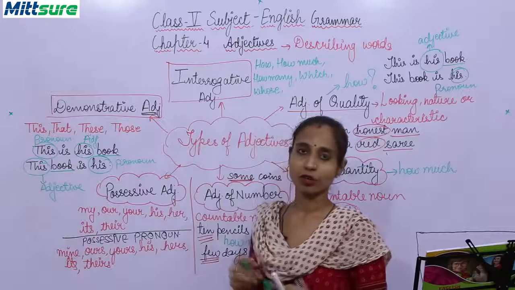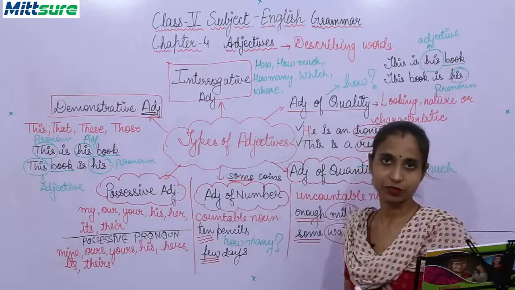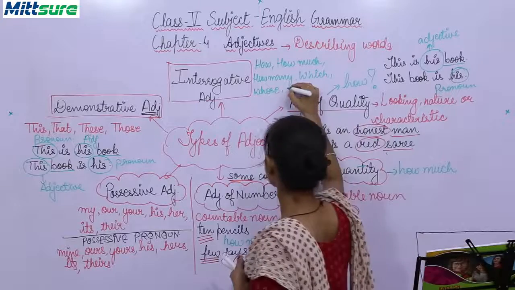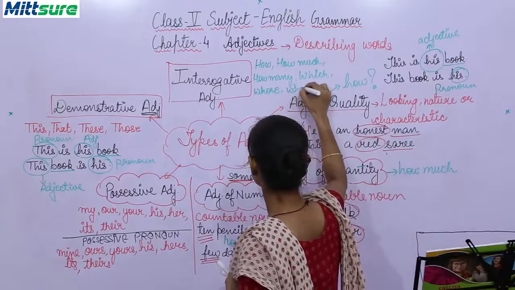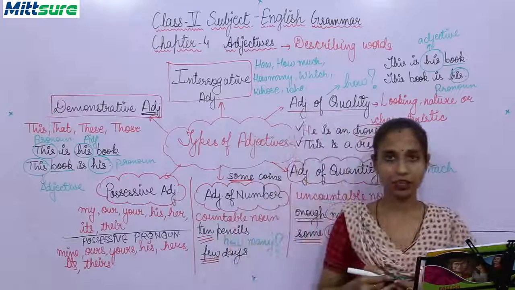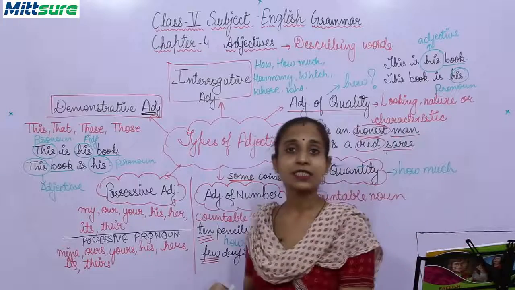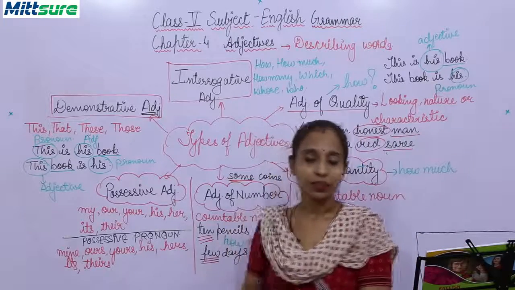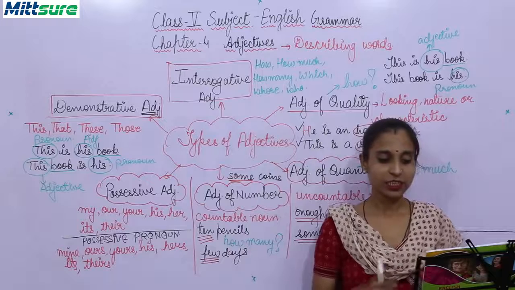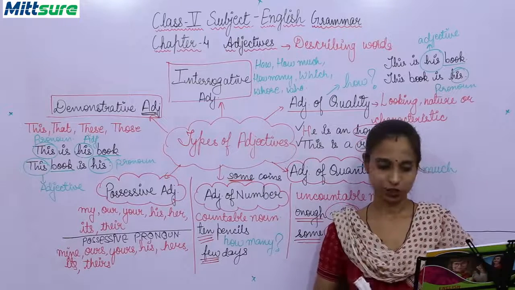These are known as interrogative adjectives. Who also. So, these are known as interrogative adjectives which ask the question about the noun. It is written, it is used with a noun to ask a question.